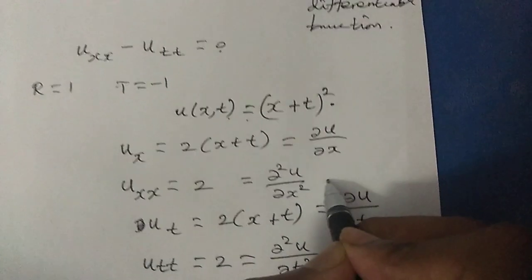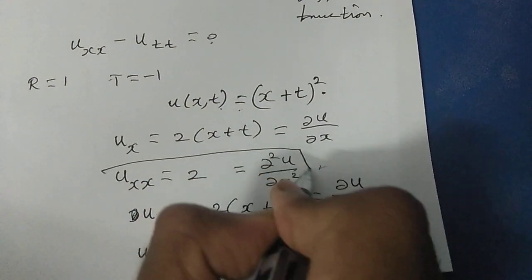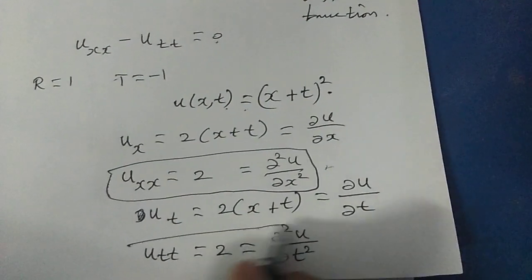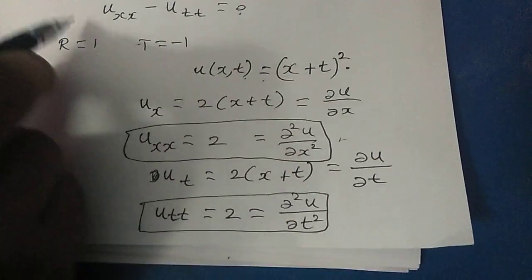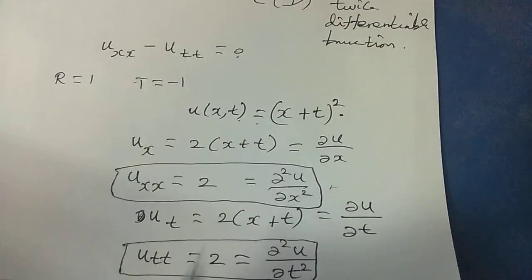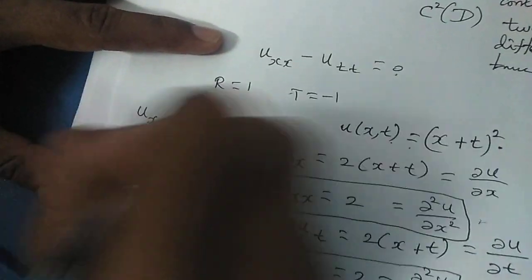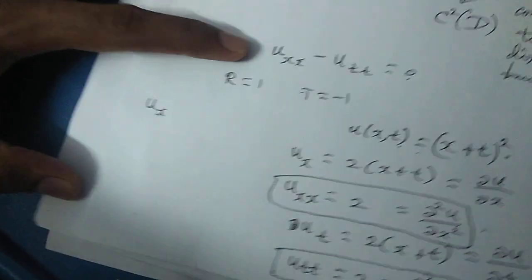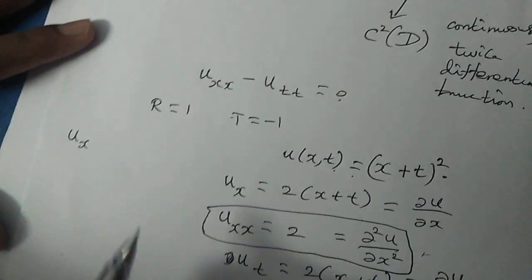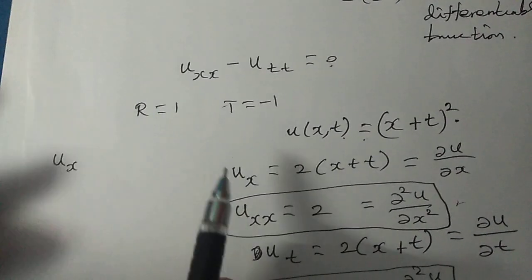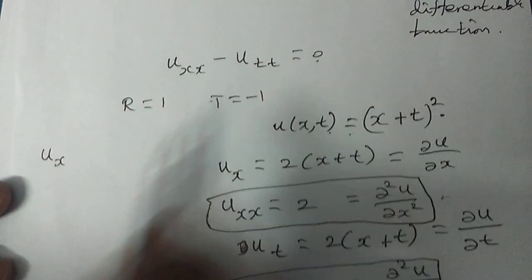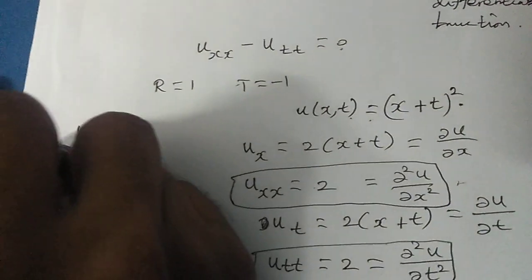Now substitute these two terms in our given partial differential equation. What is our equation? This is our equation, uxx minus utt equal to 0. Substituting this we get 0.